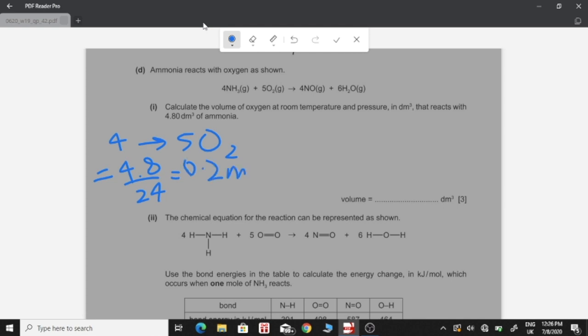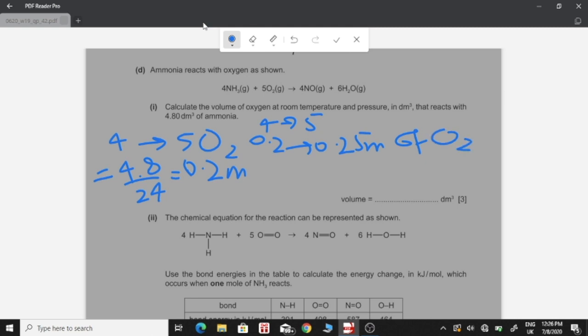Right, so 0.2 moles. Now we're going to have to use cross multiplication over here. So we multiply 0.2 with 5, and the answer is 1, and then when we divide it by 4, we get the answer as 0.25 moles of oxygen.